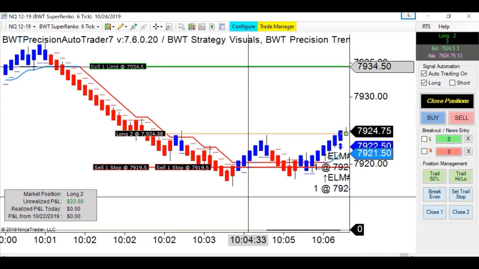And here's the long, so let's see if it works out. I think that first target at 34 should not be an issue as long as we stay solid above 16.